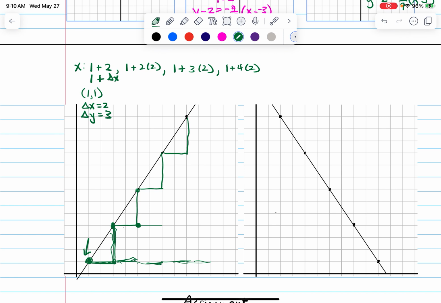Well, I add 2 onto that. Okay, so I add 1 plus delta x plus another delta x. So now I've got 1 plus 2 delta x. Okay, and then the next one, I go 1 plus 3 delta x, and then 1 plus 4 delta x.